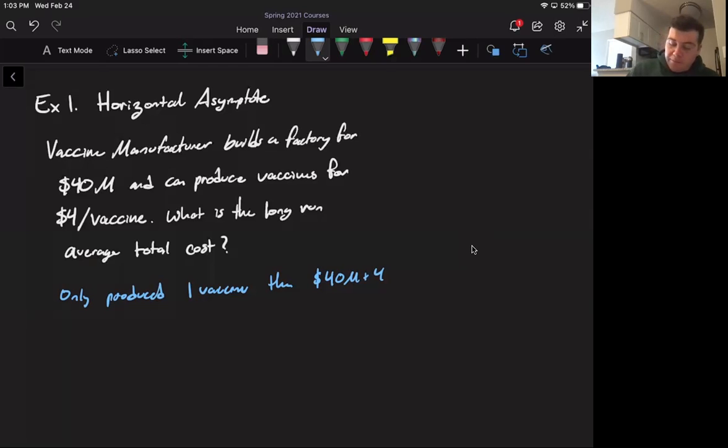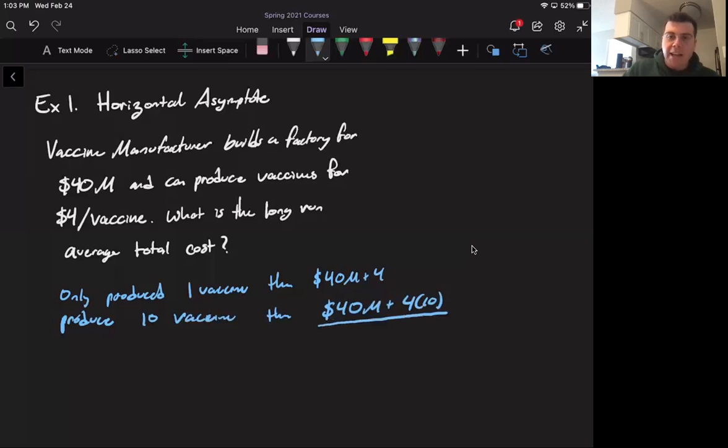Because, for example, if we produced, let's say, 10 vaccines, so still a small number, then we need to recoup 40 million for the factory plus $4 times 10 for labor or production of the vaccine.